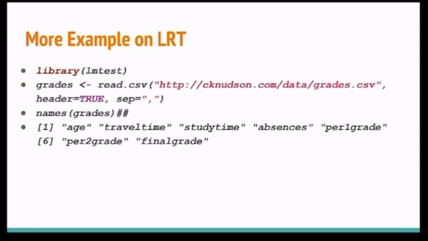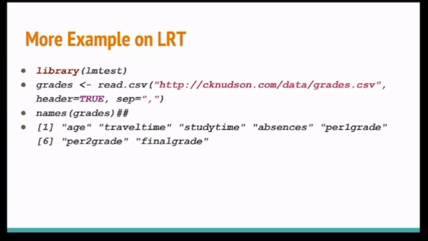Now the data set that I want to use today is online. You can just copy this into R. It's a data set on grades. The variables in this data set are age, travel time, study time, absences, grade one, grade two, and the final grade.